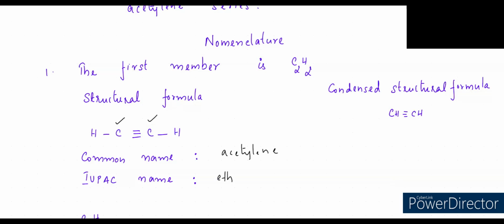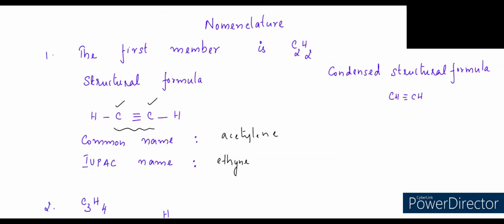Therefore, the primary suffix will be YNE of alkyne, so the last three letters are taken. IUPAC name is ethine. I've also mentioned the condensed structural formula here. CH triple bond CH.